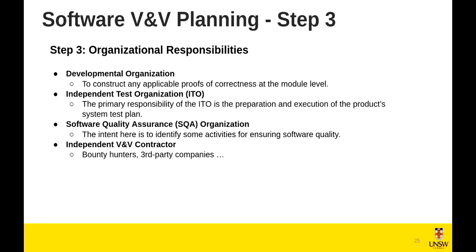Some of them may release bug bounties, and there are many bug bounty websites available online, and one of the most famous ones is called HackerOne. They are hiring some individuals to do the testing for them. And of course, there are some professional companies helping other software companies to do the testing. So these are the 4 different parties or the 4 different organizations in this process.